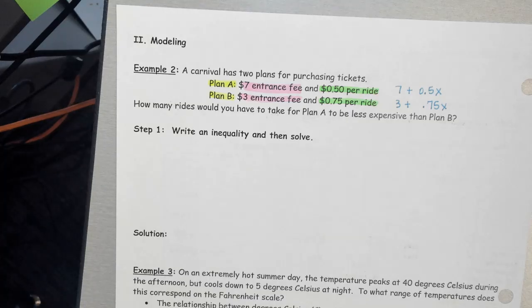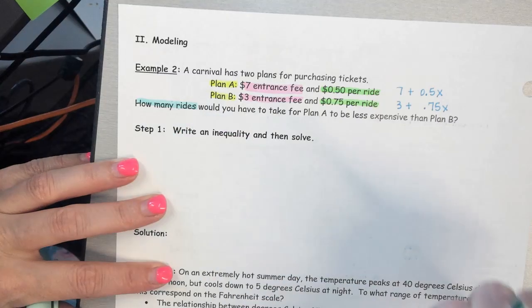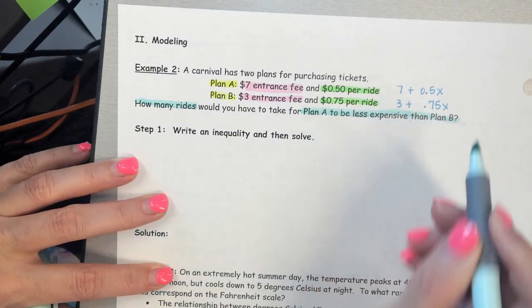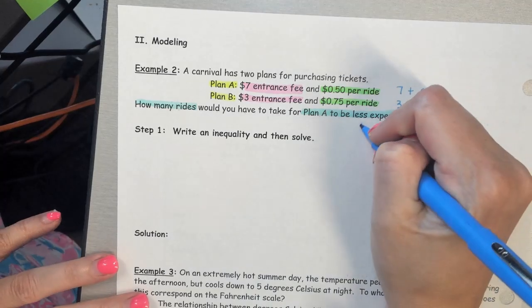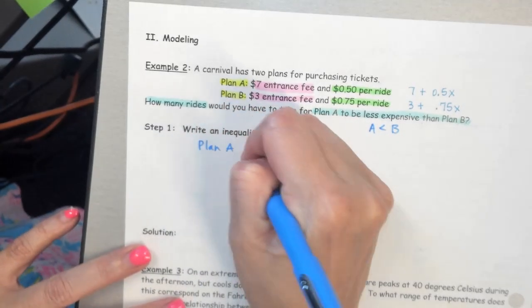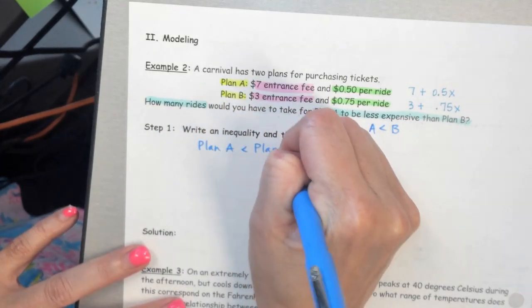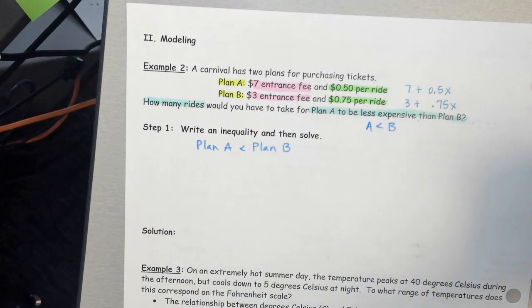Okay? What we're trying to find is how many rides would you have to take for plan A to be less expensive than plan B? You want it to be less expensive, so it's not going to be equal to, because then it wouldn't matter, right? So if you want plan A to be less than plan B, all we're going to do is substitute in our expressions, and then we're going to solve.